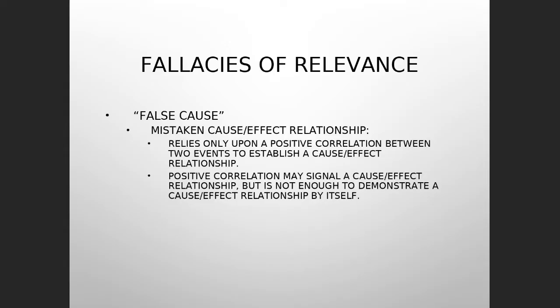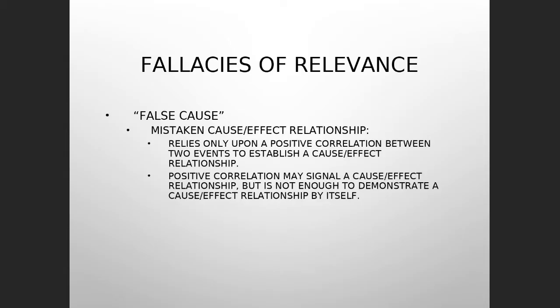Now, while it may seem common sense to say one must cause the other, that by itself is not enough. A positive correlation does not establish a cause-effect relationship. It may be a sign of a cause-effect relationship, but by itself, it's not proof. It may be that both of these things are simultaneously being caused by a third thing, and they may be unrelated to each other in any other way. Or it may be coincidence, and maybe you haven't examined enough instances of it.